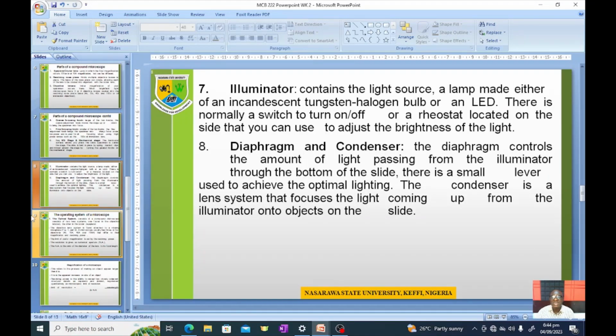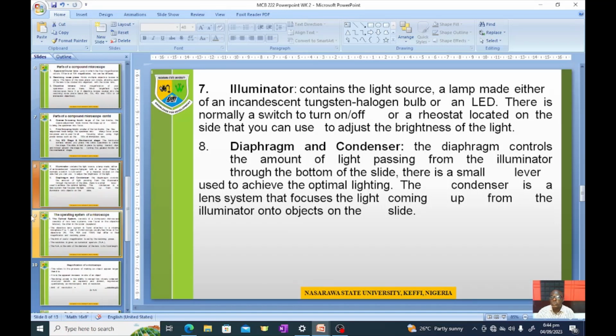Number 7 is the illuminator. This contains the light source. It could be a lamp made either of an incandescent tungsten halogen bulb or an LED. There is normally a switch which turns on and off the light source.